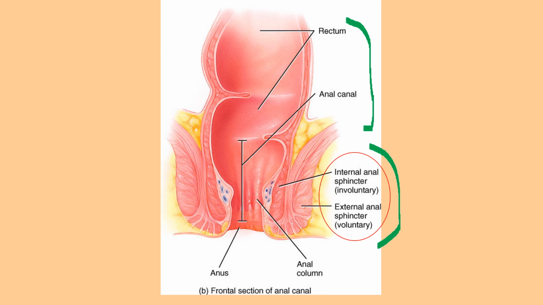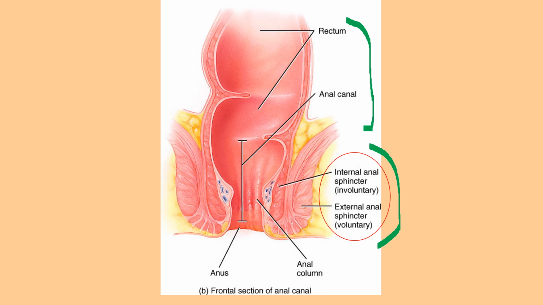So during the defecation reflex, that internal anal sphincter is going to relax, and you're going to have that sensation of needing to find the restroom. But what if there's no restroom available? What if you're on Muni or in your car? Then that external anal sphincter is not going to open, and we can voluntarily delay defecation most of the time.